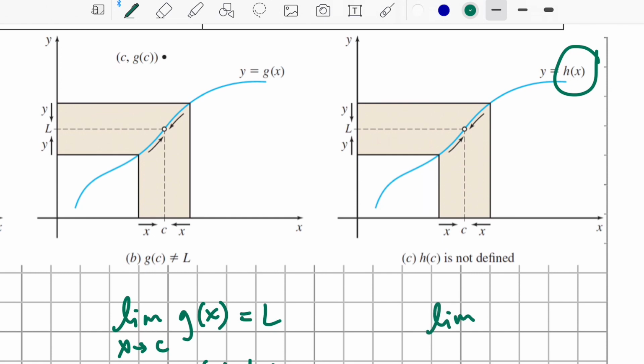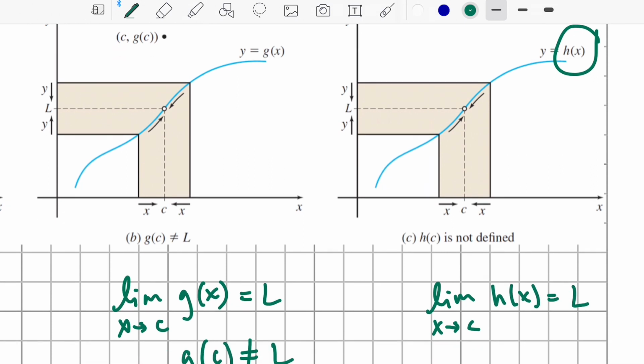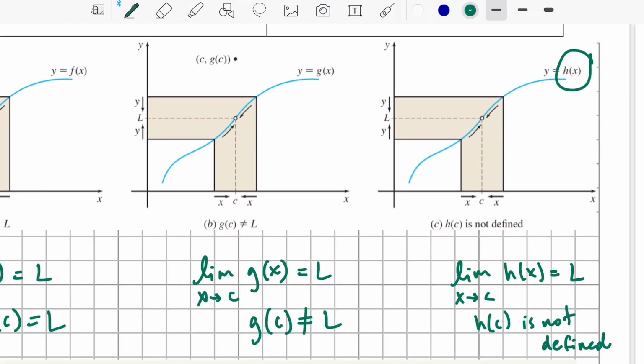So I'm going to say limit as x approaches c of h of x equals L. But notice that in my graph, there's a hole there, and the function is not defined there. So h of c is not defined. So we can have those three cases.